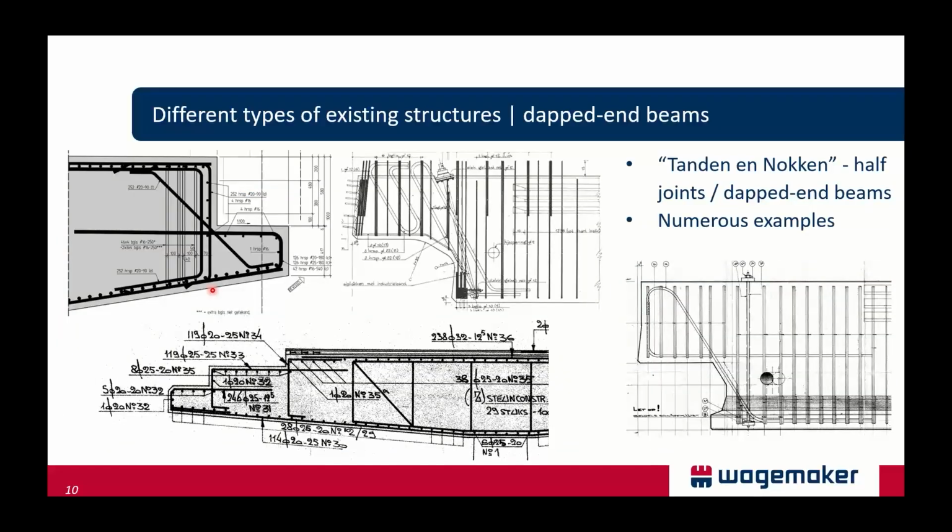What's typical about these structures is different reinforcement concepts that have been adopted in time. Often we notice an inclined prestressing bar or a vertical prestressing bar, stirrups in the beams, diagonal bars to regulate crack width control in the throat of that beam. And sometimes we notice combinations, just like this one.